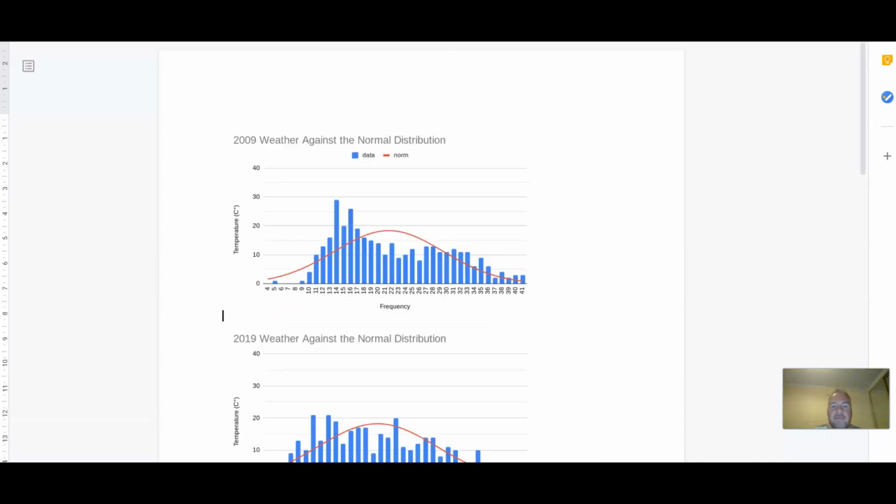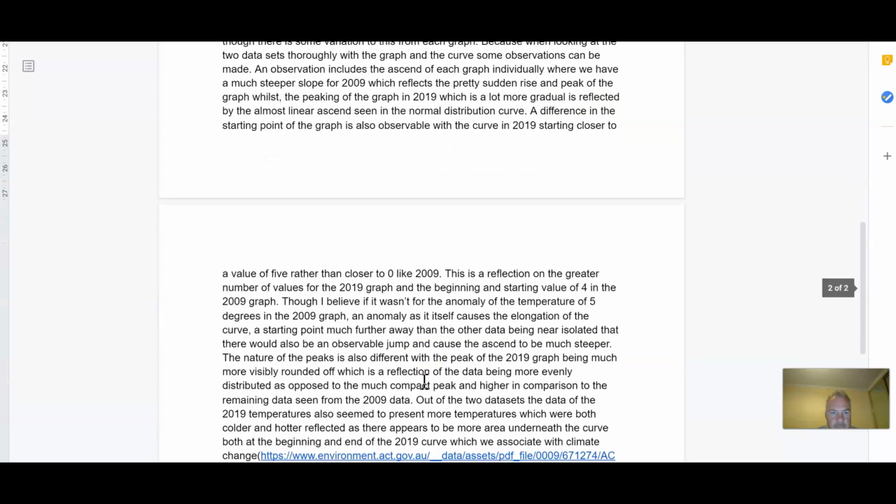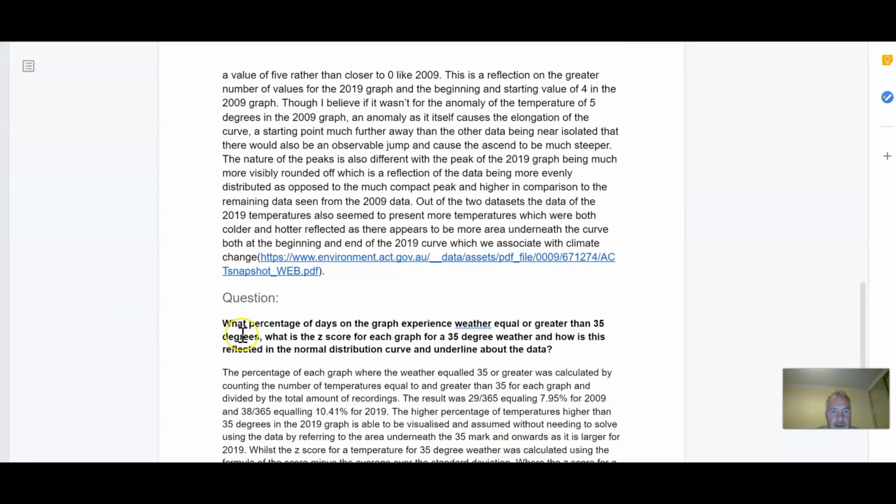Okay, final assignment. Wow, this person's done the same thing. Okay, what percentage of days on the graph experience weather equal to or greater than 35 degrees?